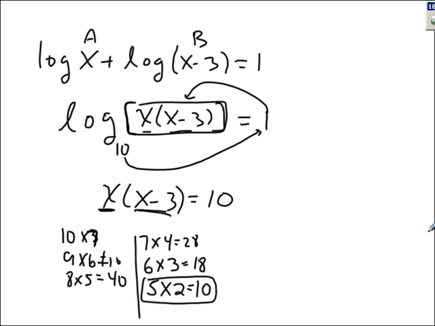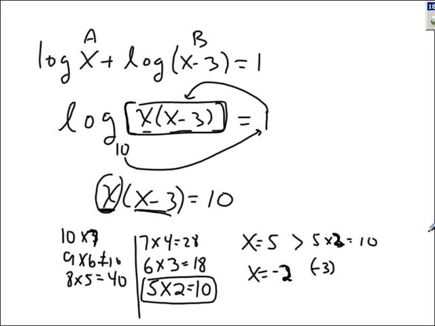Okay, so remember, x was the larger number. So you can have x equals 5. And this came from 5 times 3 less equals 10. But you know what? If x is negative 2, well then 3 less will be negative 5, and that also gives you 10.